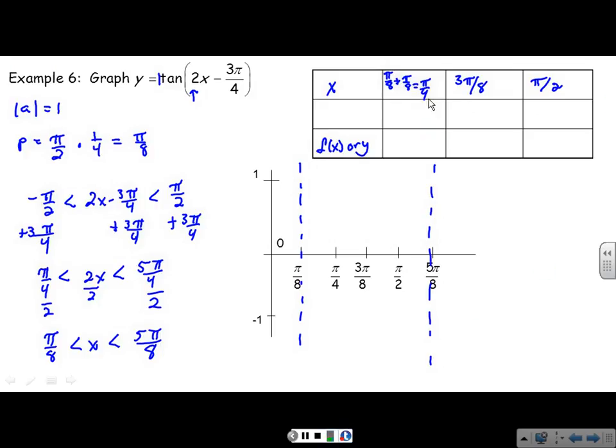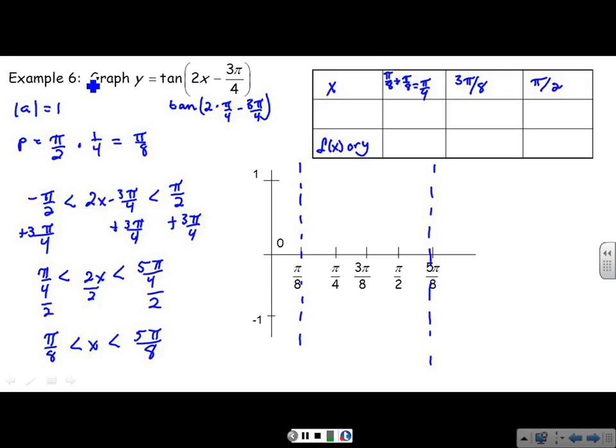Alright, so now we're going to take this pi over 4 and plug it into this function. So basically we're doing tangent of 2 times pi over 4 minus 3 pi over 4.